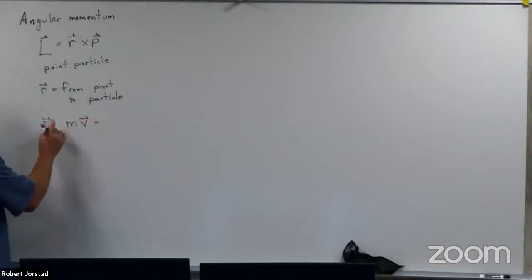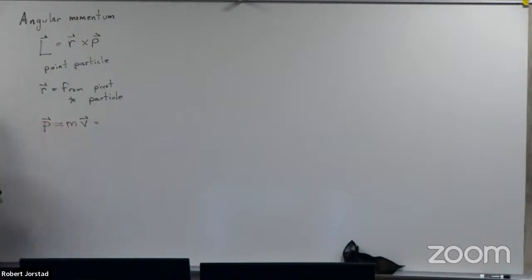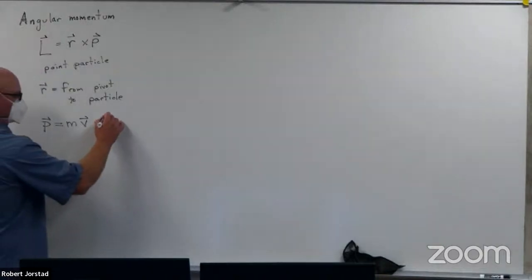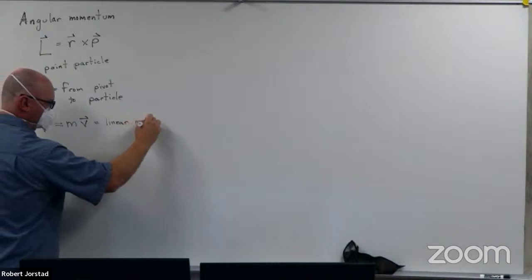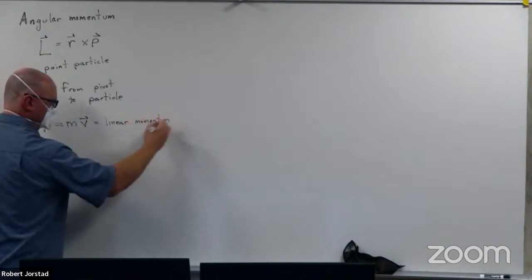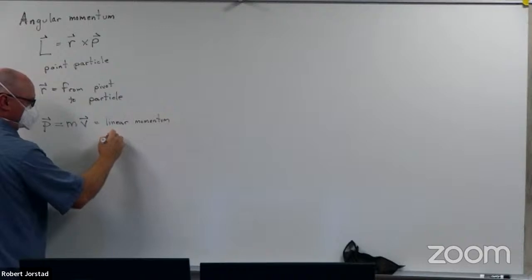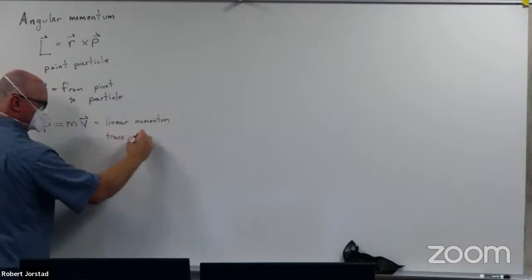Now that we have more than one type of momentum, there's going to be angular momentum, which is L, and this one is sometimes called linear momentum. Sometimes it's also called translational momentum.